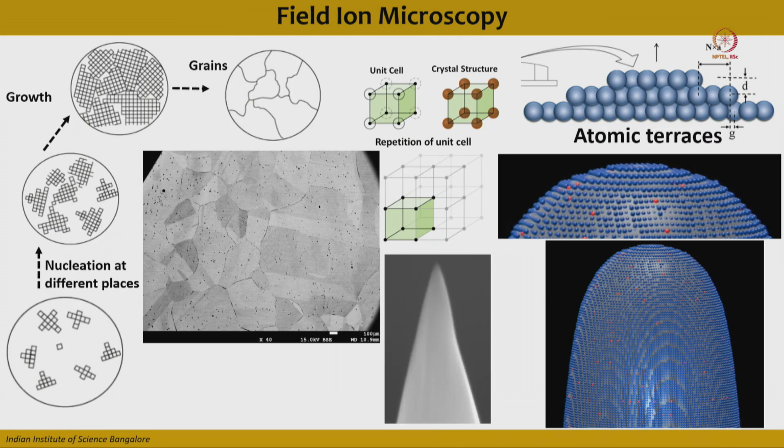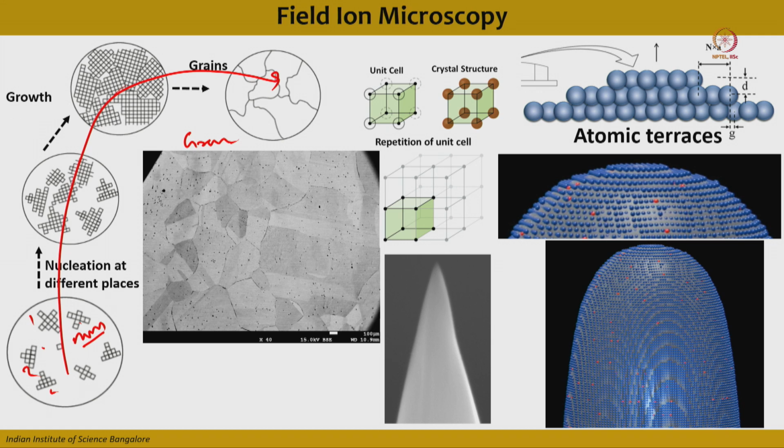Now, as I told you before, this grain structure is developed by this particular route. It will form a nucleus. After the formation of nuclei, the nuclei will grow at different positions, 1, 2, 3, 4, and this develops into the grain structure which we are seeing.